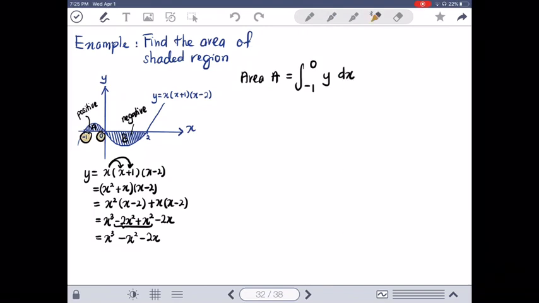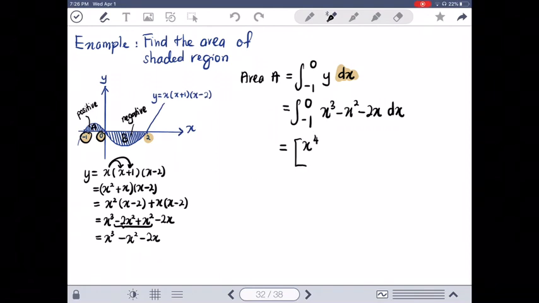Since the boundaries is on the x-axis, so we integrate with respect to x, which is just equal to integration from negative 1 until 0 of x to the power of 3 minus x squared minus 2x with respect to x, just equals to x to the power of 4 over 4 minus x to the power of 3 over 3 minus 2x to the power of 2 over 2, from negative 1 to 0.